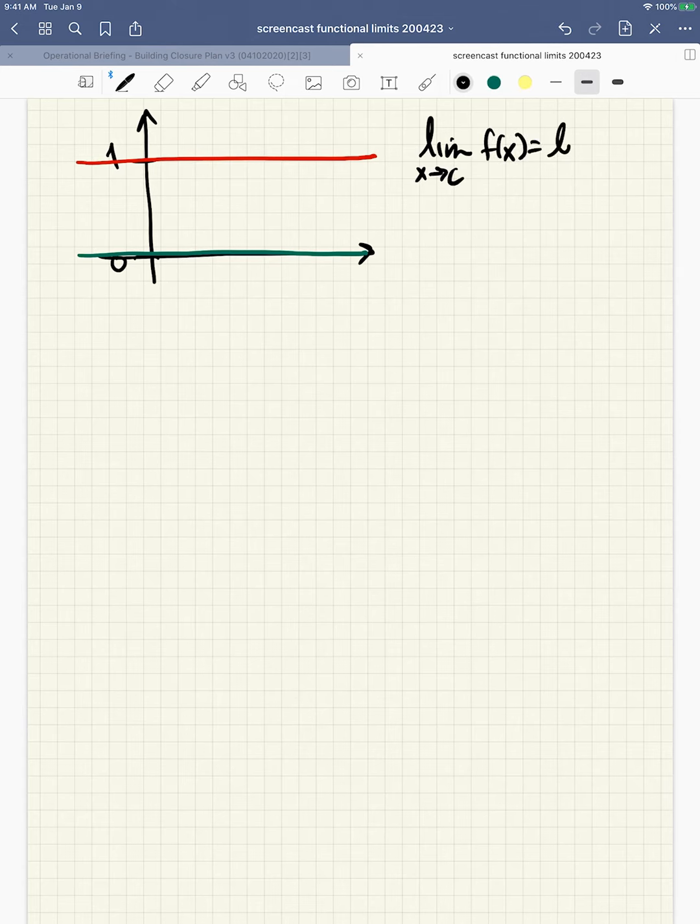But consider, on the other hand, what if my sequence, which I said are in the reals, that converges to c, but xn is in the irrationals.